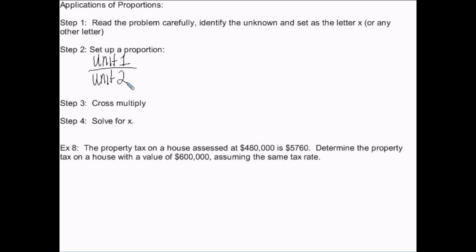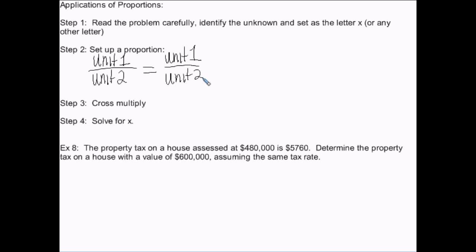When you go over here to set up your other proportion, this has to be unit 1 and this has to be unit 2. So if it's miles over hours, it has to be miles over hours. You can't have miles over hours and then hours over miles. So the two different fractions have to be in the same position as far as what you're talking about, okay? And that's really important because if you flip it, nowhere near the right answer.